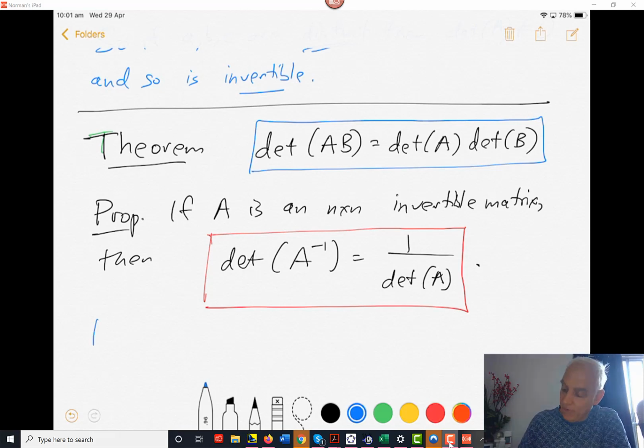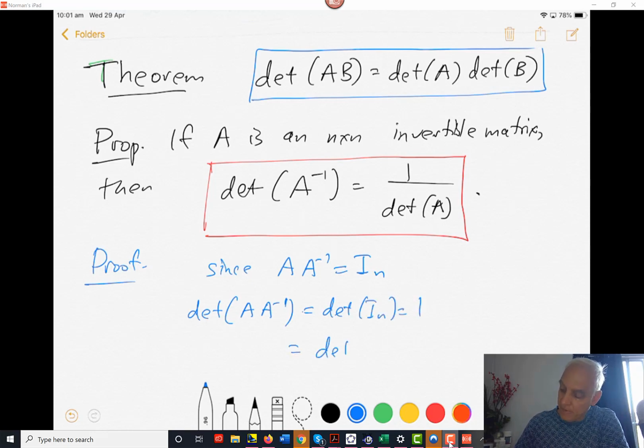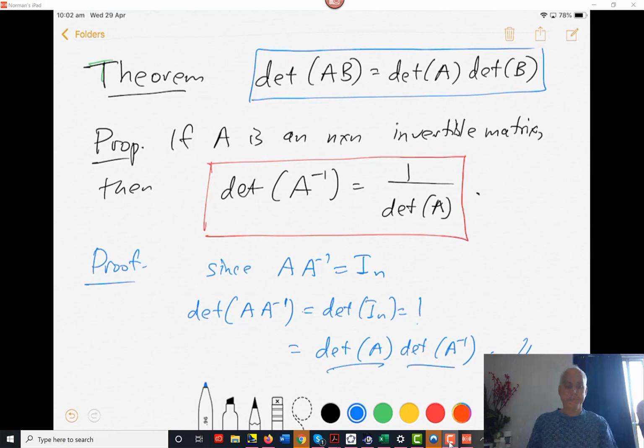And the proof is pretty simple. It's simply a consequence of the fact that since A times A inverse equals the identity matrix, we know that the determinant of the identity matrix, which is 1, equals the determinant of A times the determinant of A inverse. That's basically what we're saying: the determinant of A times the determinant of A inverse is equal to 1.